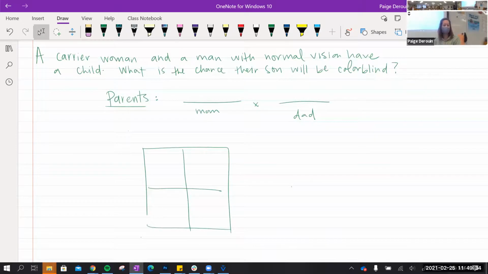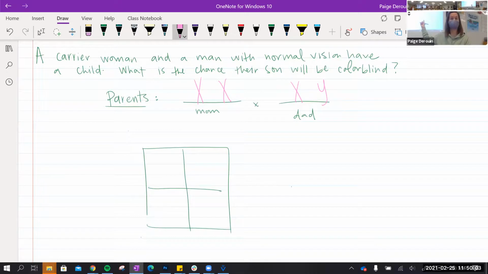So a carrier woman and a man with normal vision have a child. What is the chance that their son will be colorblind? So first of all, what will be the mom's genotype? The first thing you can do when you see these problems is go ahead and give it two X's and an X and a Y. The number one mistake that I see people make when they do these problems is they make it all X's.